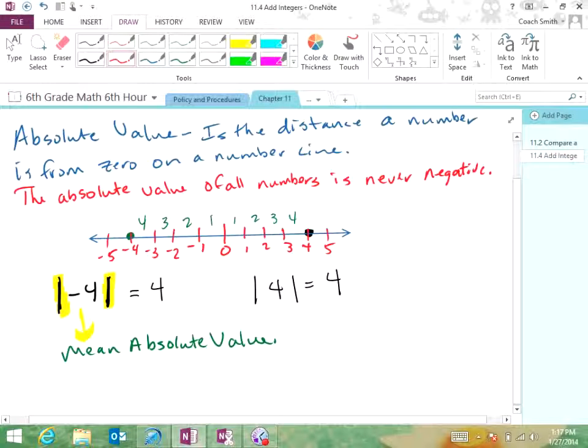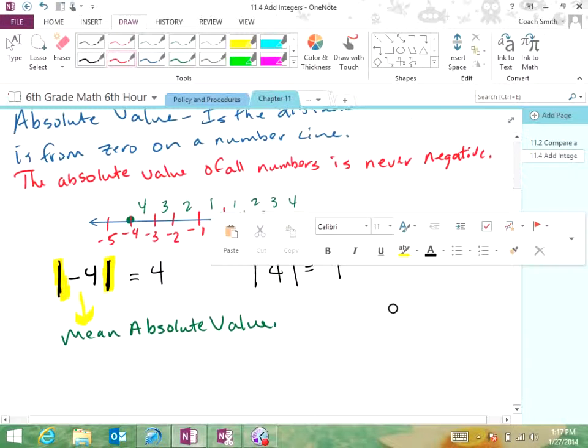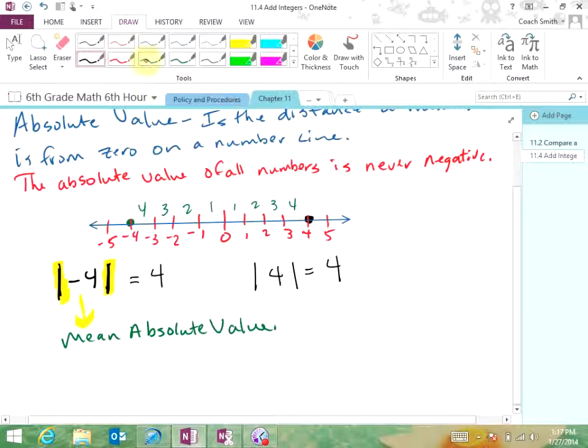Okay, if I wanted to know, without doing the number line, the absolute value of -8, what would it be? 8.